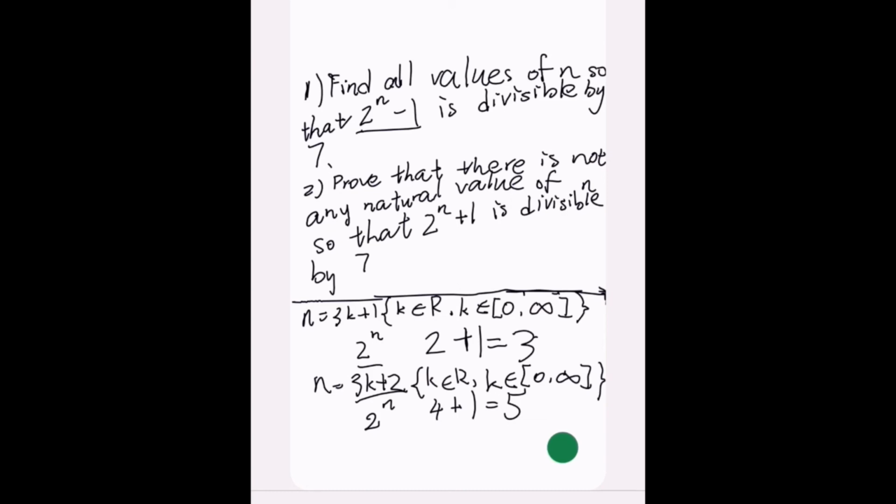Let's try when n is equal to 3k, while k is from 0 to infinity. As I said earlier, when n is equal to 3k, the remainder of 2 to the power of n is 1. And when we plus 1, we get 2. 2 is also not divisible by 7.